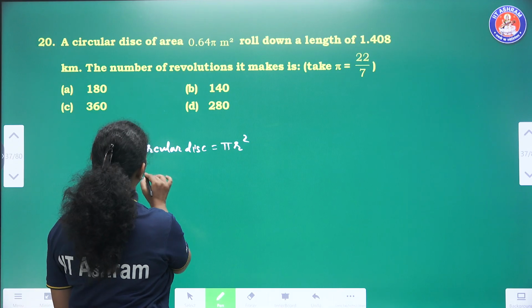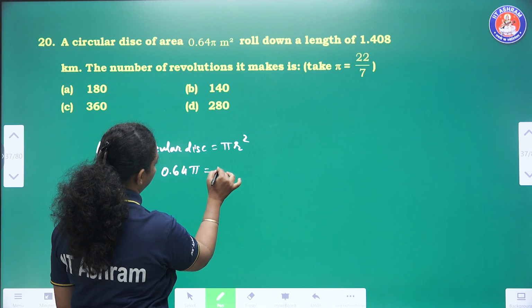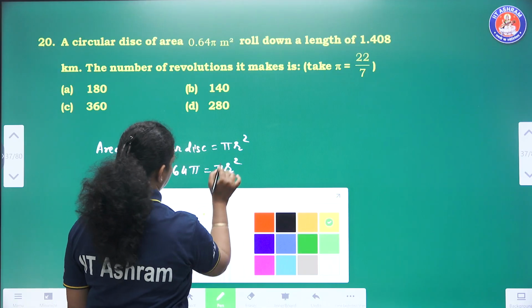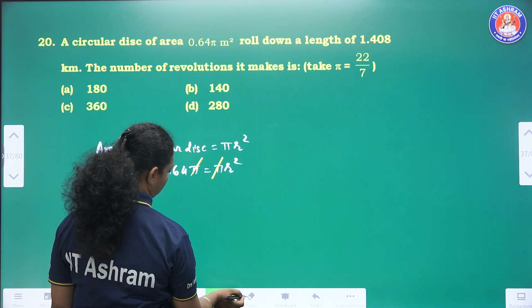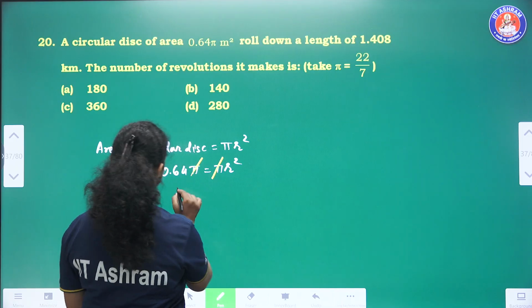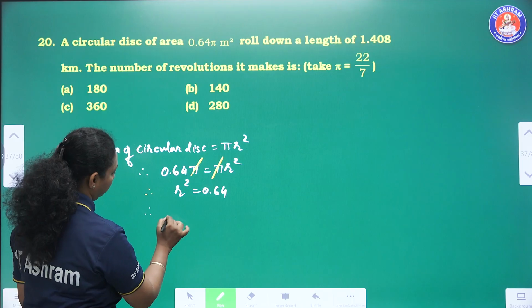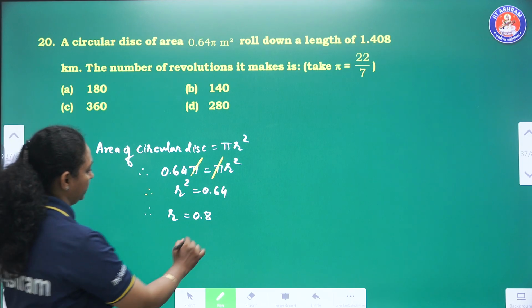Pi r square. And it is equal to 0.64 pi, which is equal to pi r square. So that r square is equal to 0.64. Therefore, radius is equal to 0.8. What is its unit? Meter.